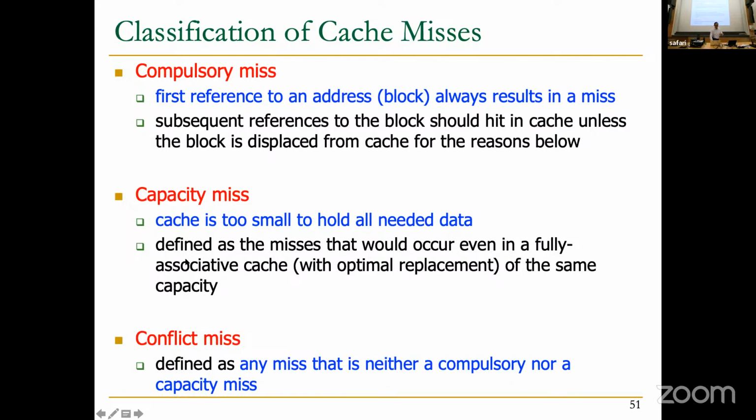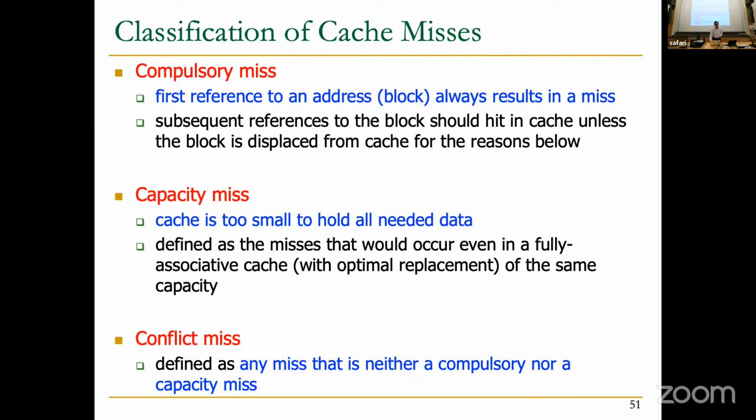This is the definition of how to eliminate conflict misses over here. And then after that, you can define the capacity miss. And conflict miss is basically, you cannot classify it as a capacity miss or a compulsory miss. Essentially, you don't have a fully associative cache and you have a miss in the set. Well, you probably have a problem with the conflict over there.